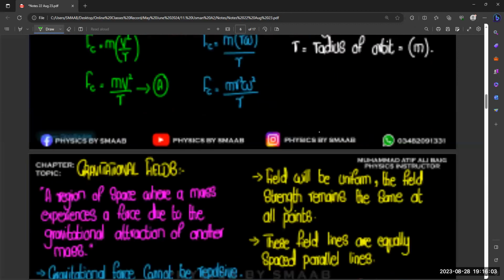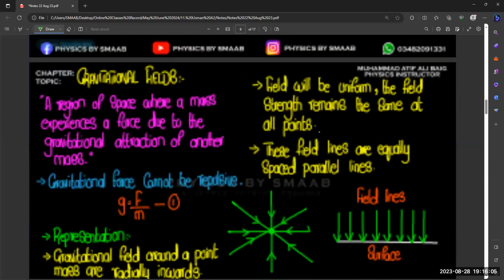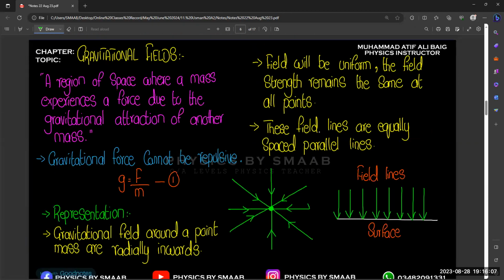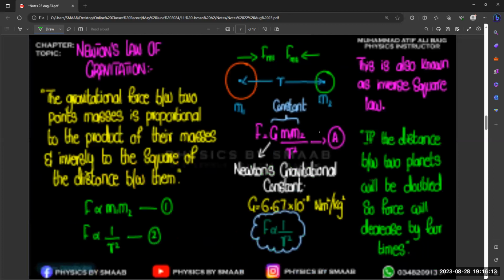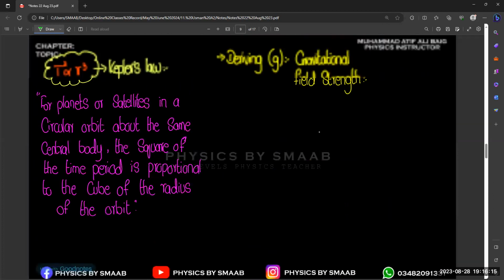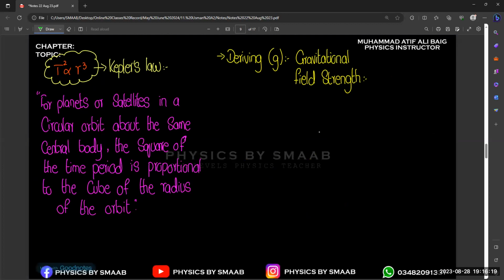Gravitational field strength. Yes, we discussed the small g. It is a region or space where a mass experiences a force due to gravity. So that is the concept of gravitational field strength. I'm writing in short the small g, and you need to write gravitational field strength.